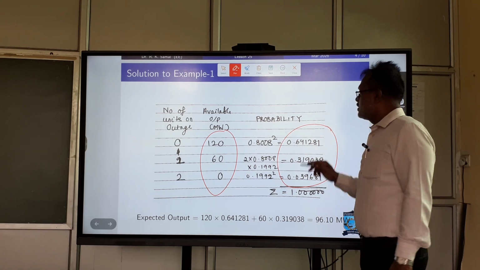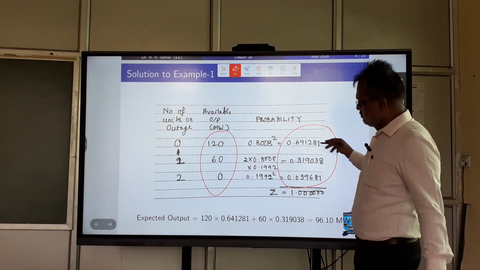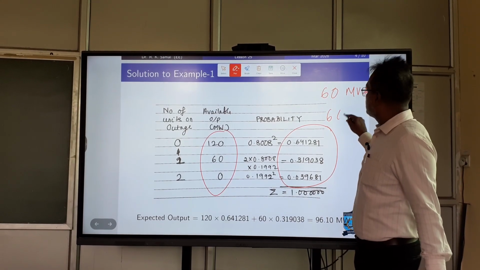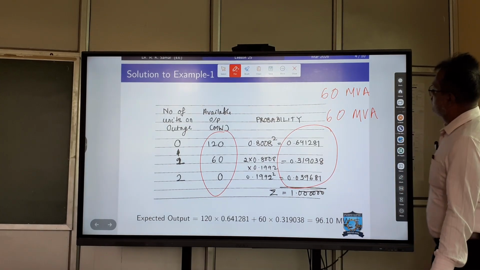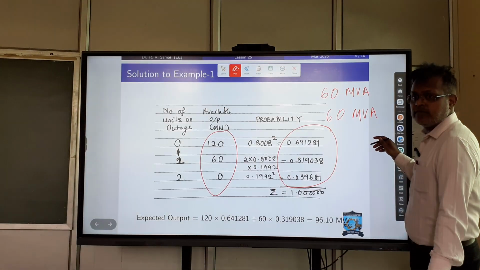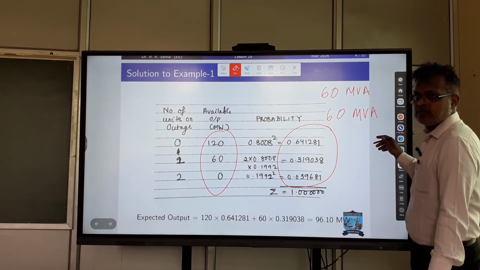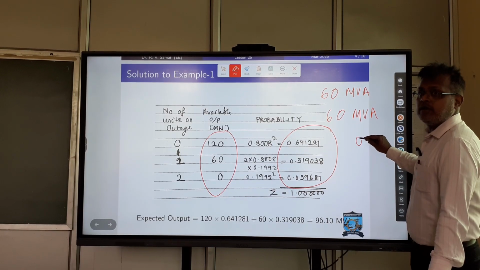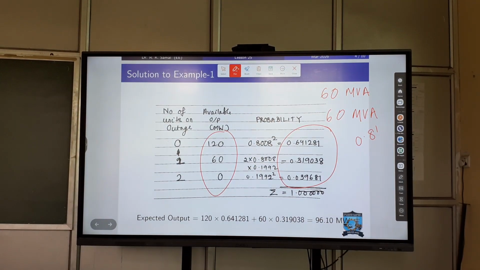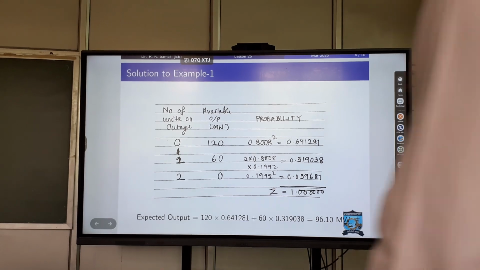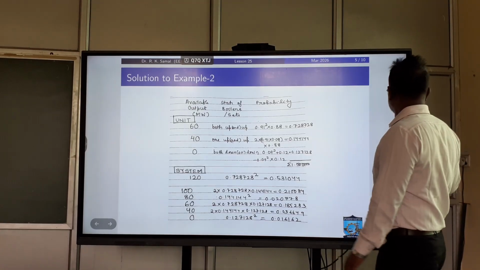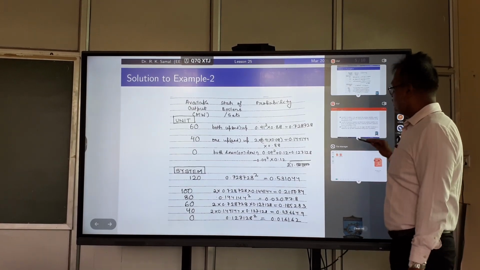Now it says each unit is connected to a 60 MVA transformer, or 60 megawatt transformer, with the transformer availability 0.80. Transformer is combined. That is the question.